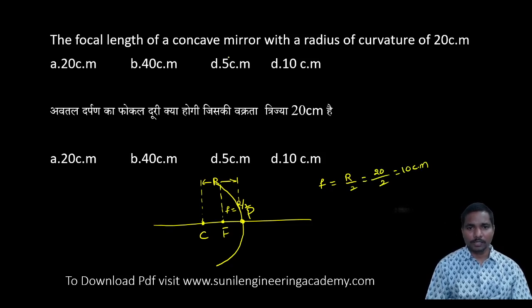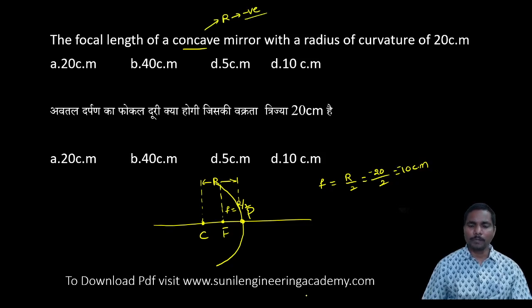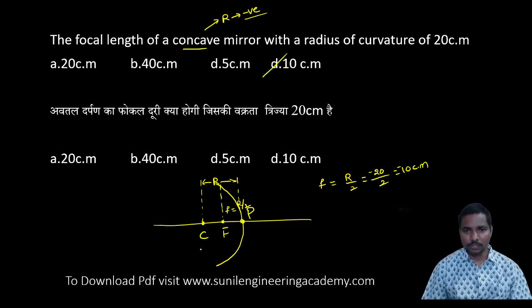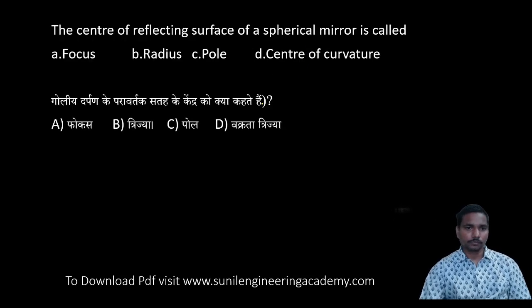Actually, here the concave mirror is given, so radius is generally negative. So you would have to get minus 10 centimeter, but they have not given the minus term, so go with the 10. If they have given minus 10, then go with the minus 10.